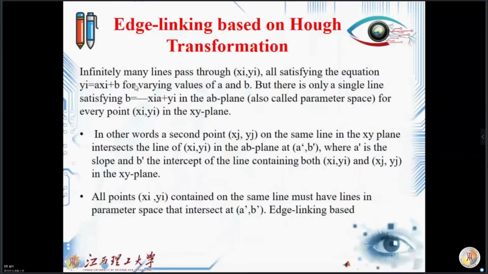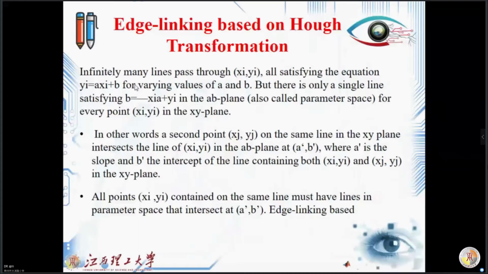It intersects the line of xi, yi in the ab plane at the point a prime, b prime, where a prime is the slope and b prime is the intercept of the line containing both xi, yi and xj, yj in the xy plane. All points xi, yi contained on the same line must have lines in the parameter space intersecting at a prime, b prime, with the edge linking base.